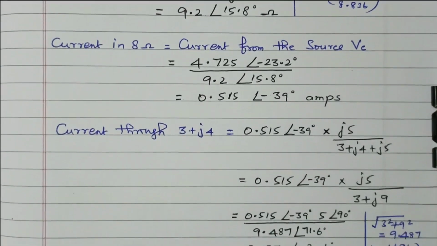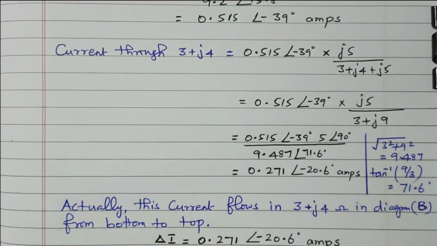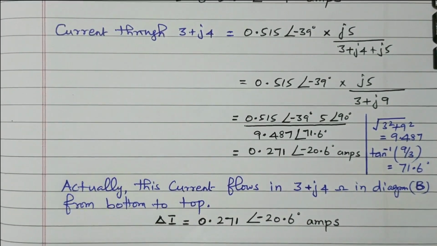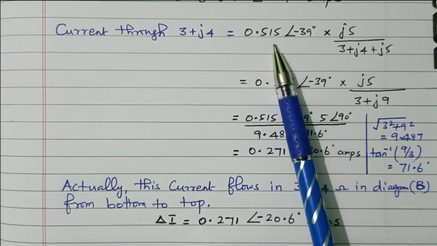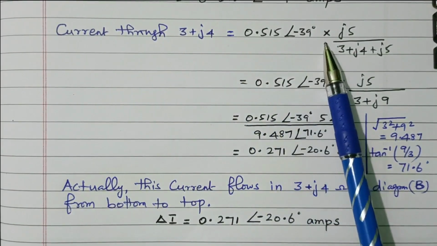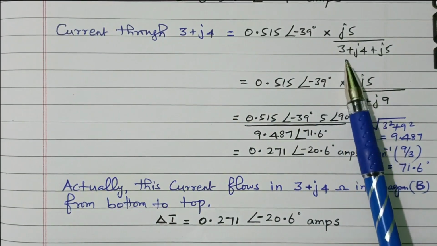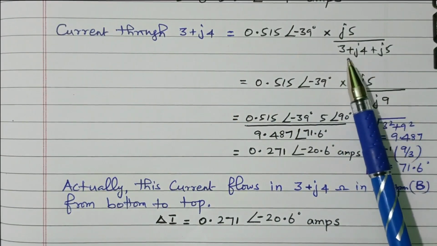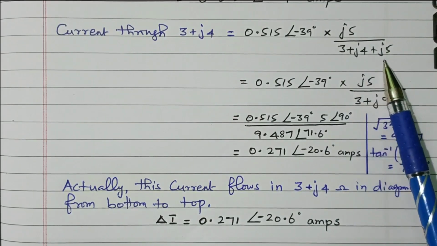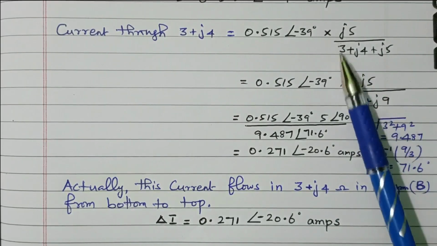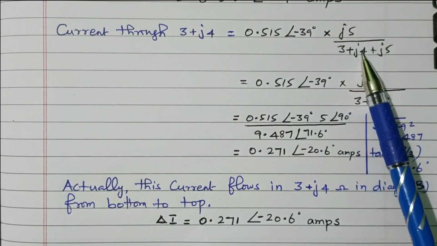Now we need to calculate the current through the 3 plus J4 ohm branch. How will you calculate this? By the current divider rule: total current multiplied by the other branch impedance divided by the total impedance. One more inductor is available, J5. The current is divided through 3 plus J4 and J5.